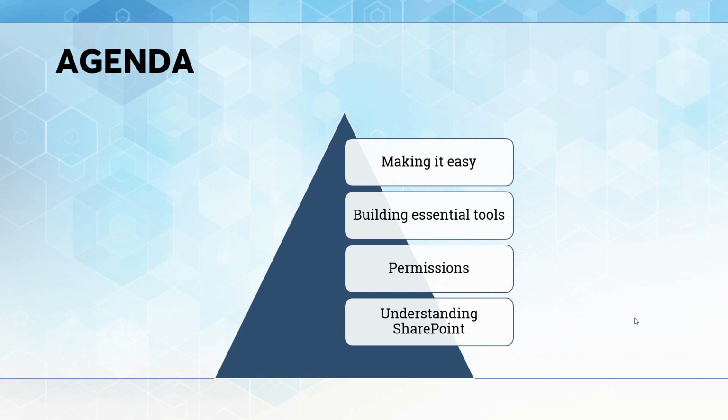By being able to revamp these essential building block tools, by being able to create a list and then change the views on that list, being able to create a library and change the versioning settings on that library, or being able to take those lists and libraries and make them very accessible through the home page or through the navigation system on the left, you make it easier for people to interact with your SharePoint site, to see what they should be trying to accomplish, and get the job done.